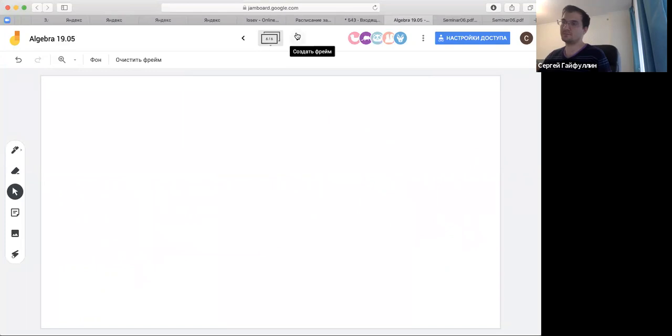The simplest example is this one. With real coefficients, we can take the polynomial x squared plus 1, squared.